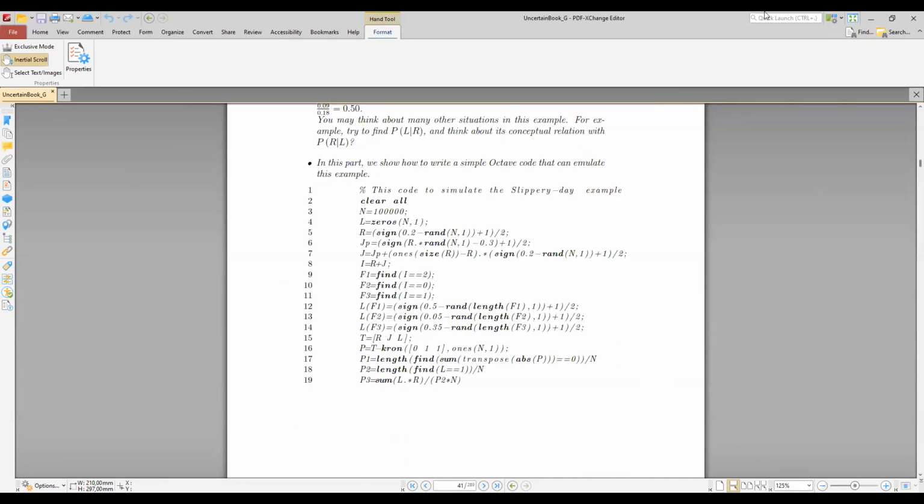Okay. Before that, for those who would also like to see Scilab, it is also free, and you can find it on Google.